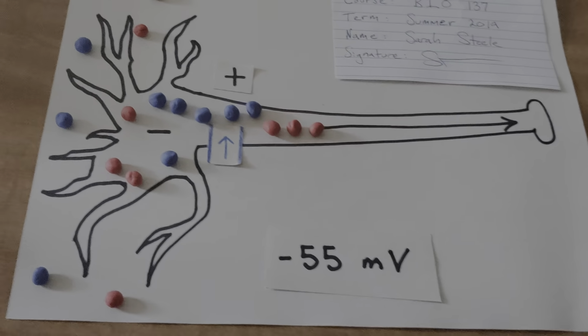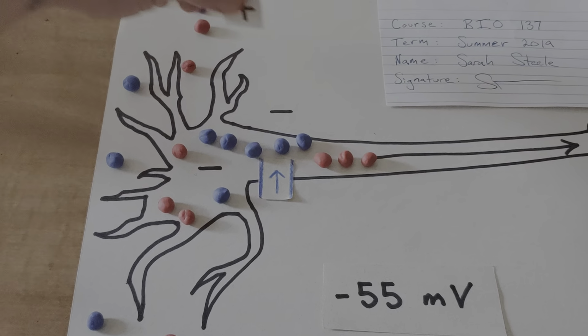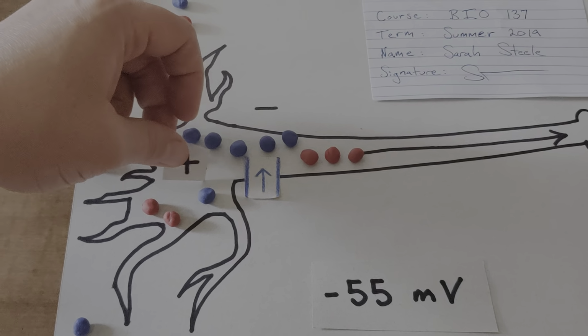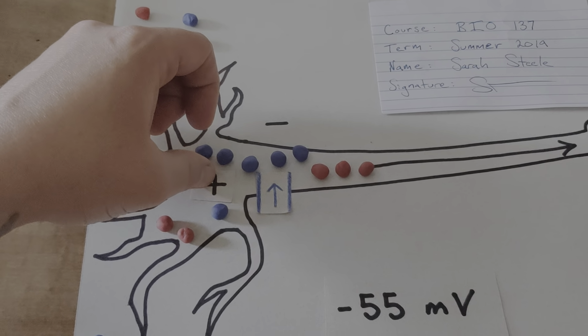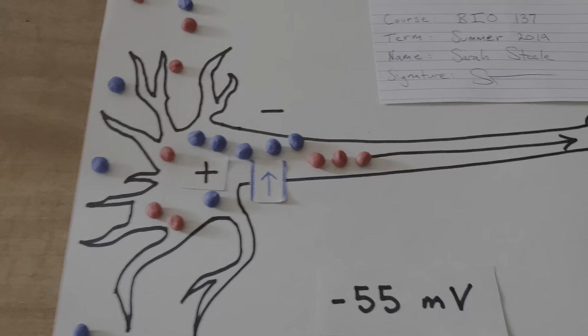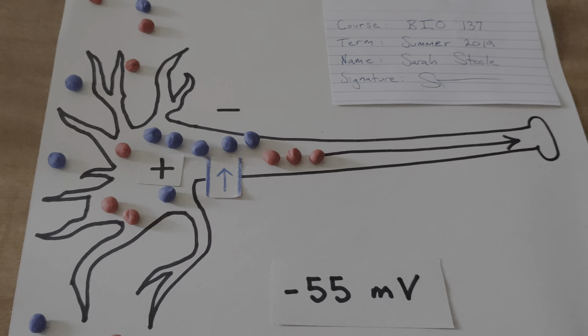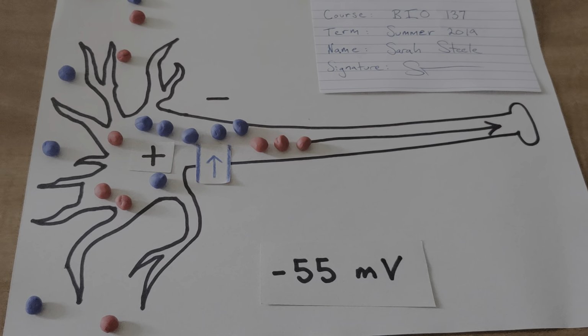Now this will change the charge of the neuron so that the inside of the membrane will have a positive charge and the outside will now have a negative charge.